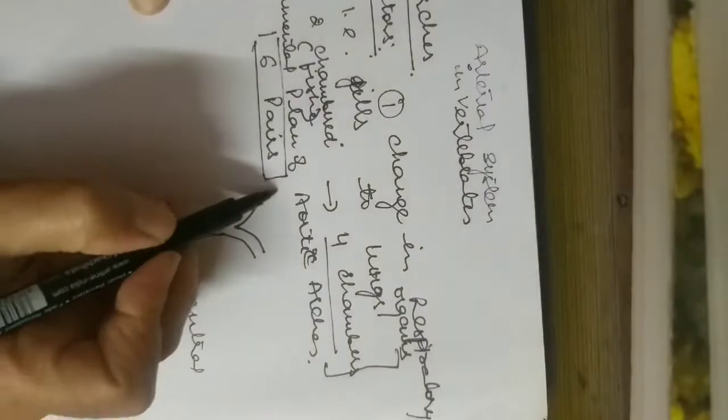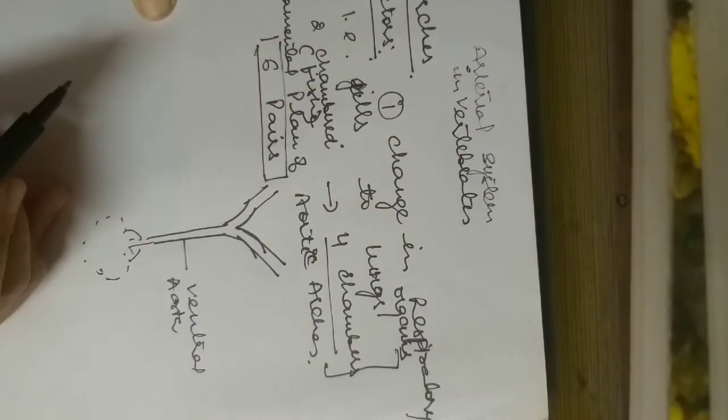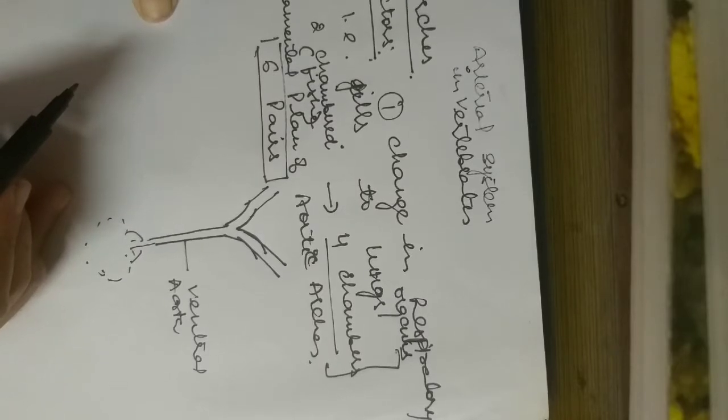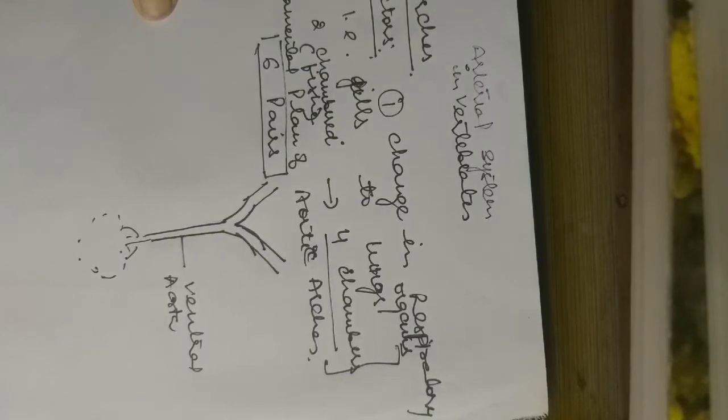So there is a division. It has divided into two in front, from which arises the first pair of aortic arches, which extend upwards behind the first pair of pharyngeal pouch.